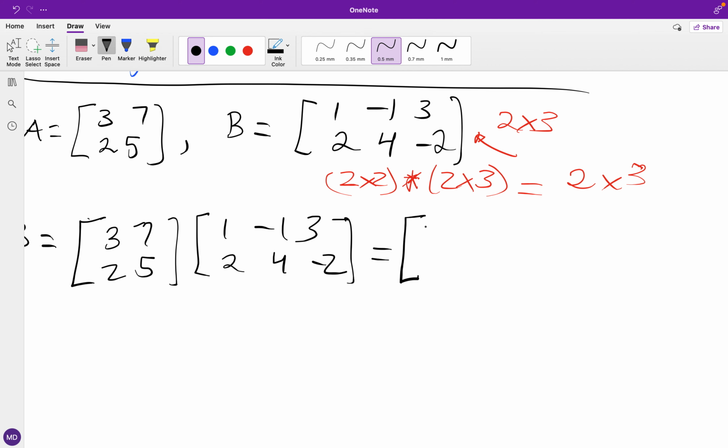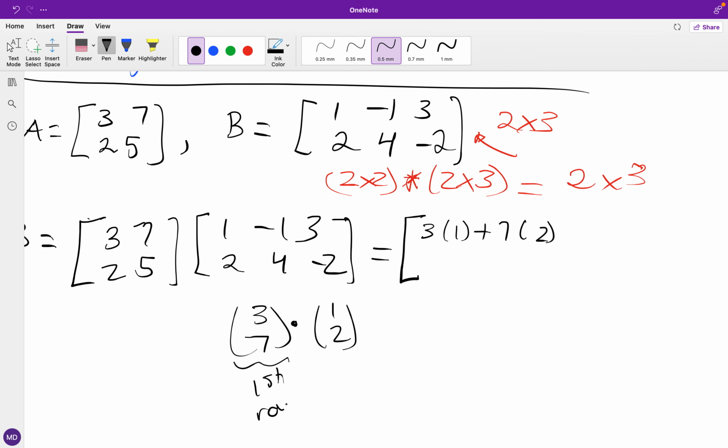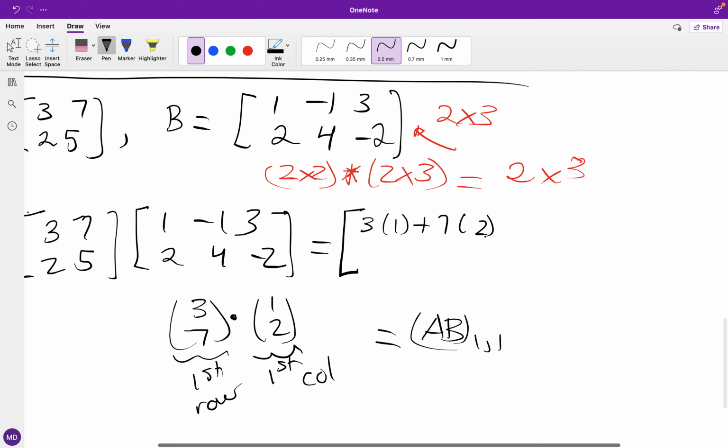So this would be equal to 3 times 1 plus 7 times 2. You take the dot product of the vector 3, 7 with 1, 2. This is our first row, and this is our first column. And this gives you the 1, 1 entry of the new AB matrix. Okay, and so that's the first entry.